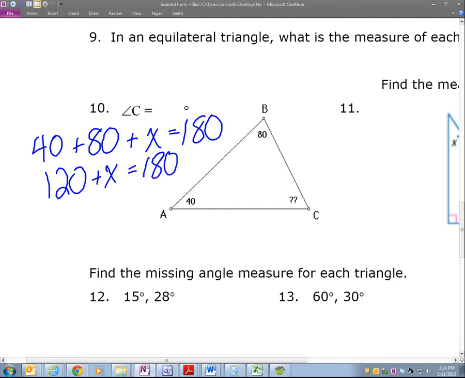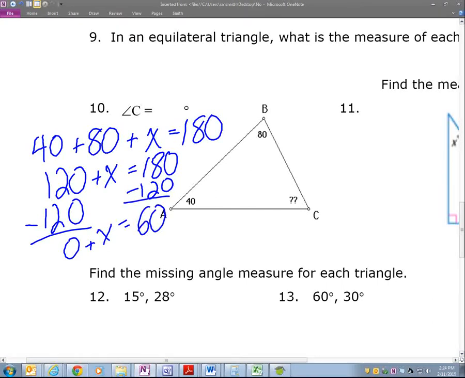And then I'm going to get X by itself because I have to solve for X. So I subtract 120 from both sides. And you guys have had this first quarter. So we have 60 degrees is the measure of angle C.